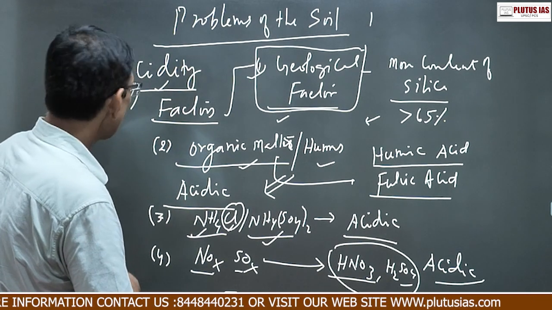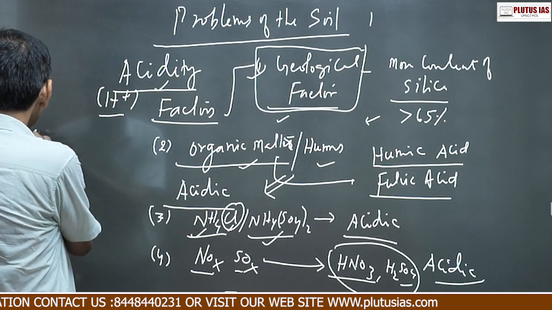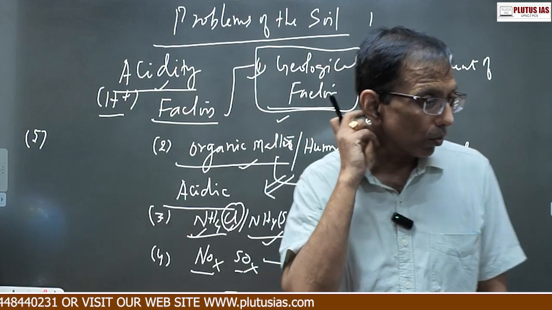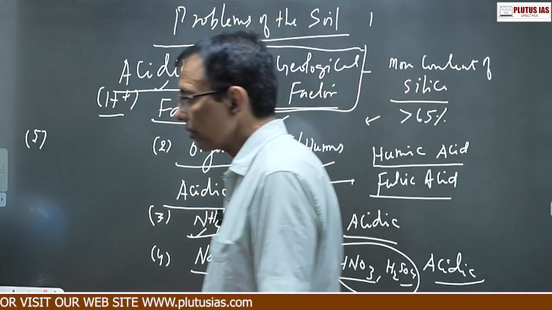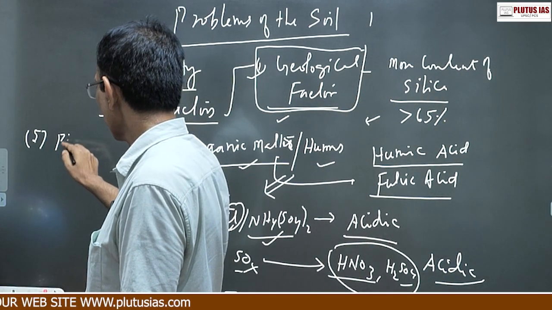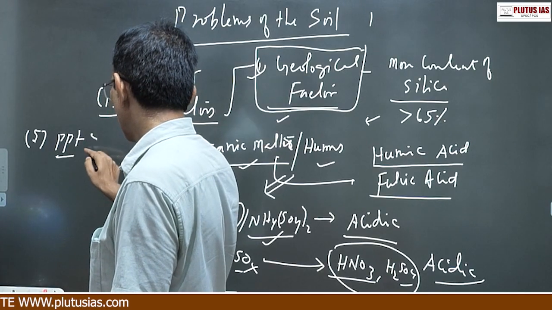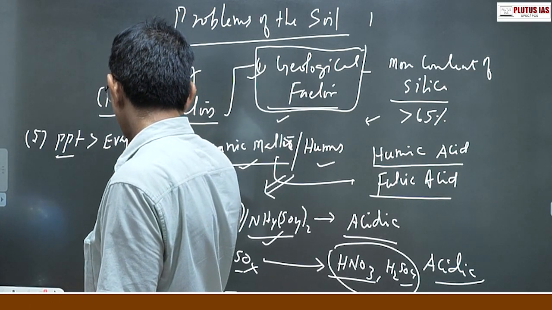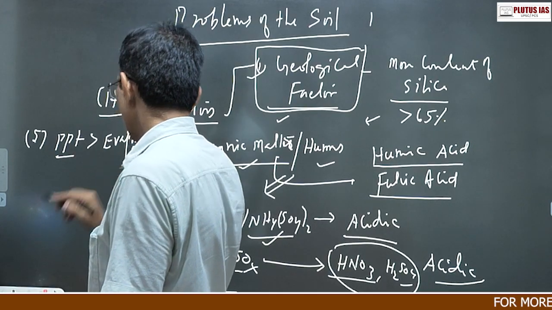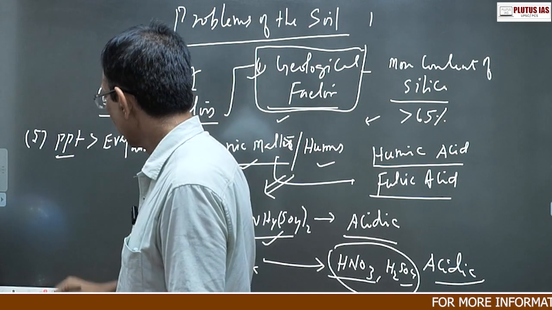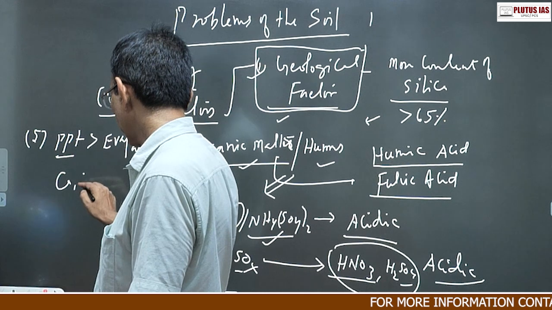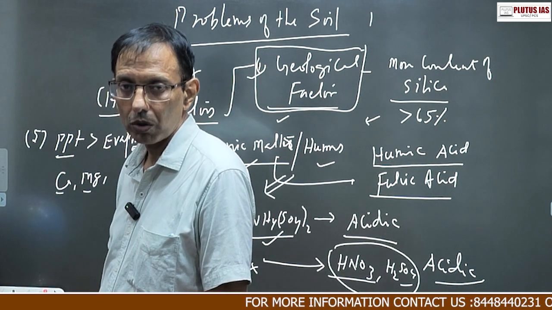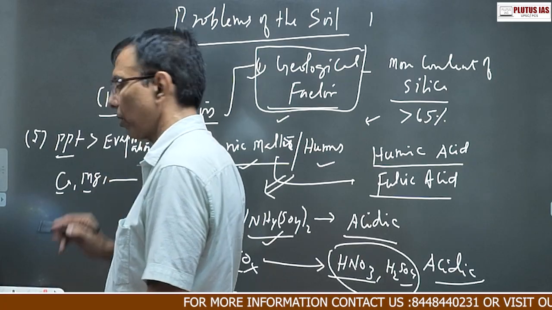Then other factors are also there. See, where there is more precipitation, if precipitation is more than evaporation, then what happens, salts of calcium and magnesium in the soil would be dissolved.